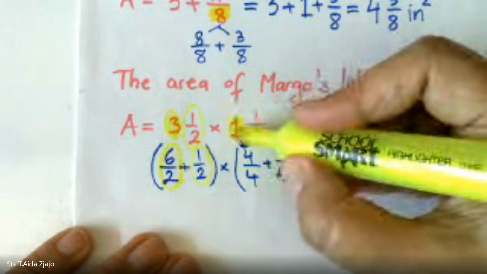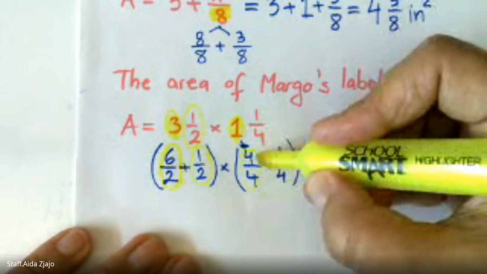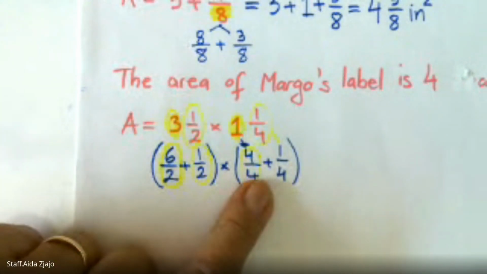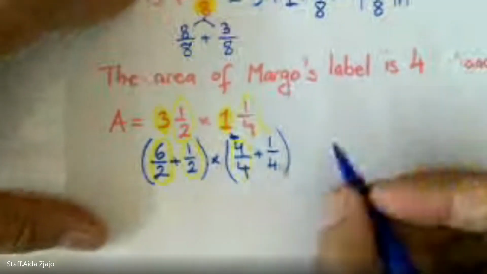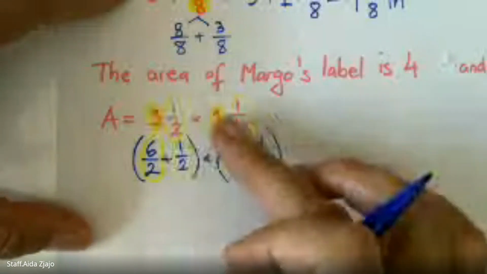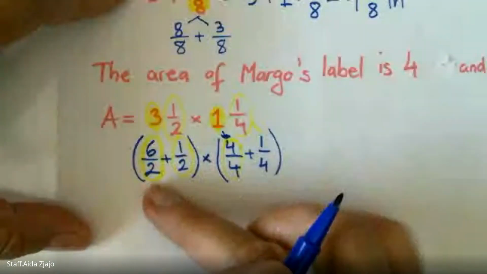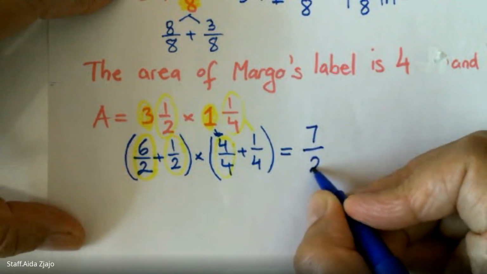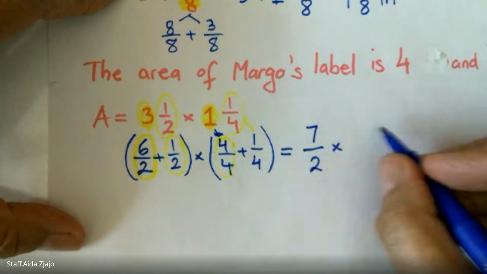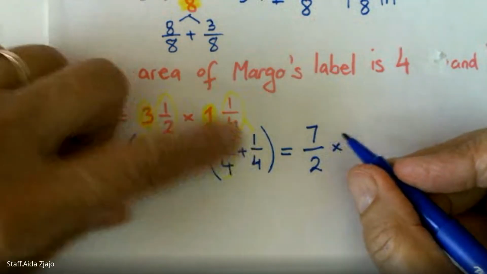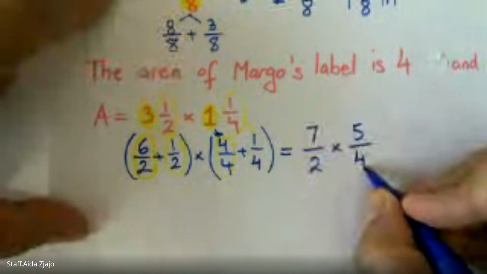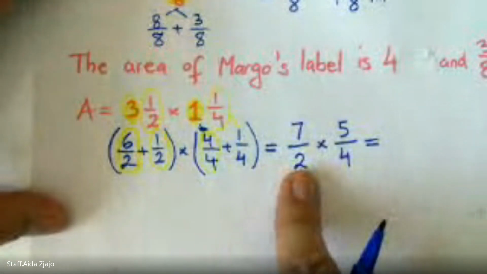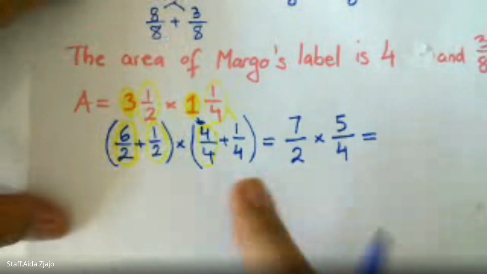So here is the 1 whole, which becomes 4/4, and then 1/4 more, so that this will become 5/4. So when I change this whole mixed number into the improper fraction, I get 7 halves times 5/4.